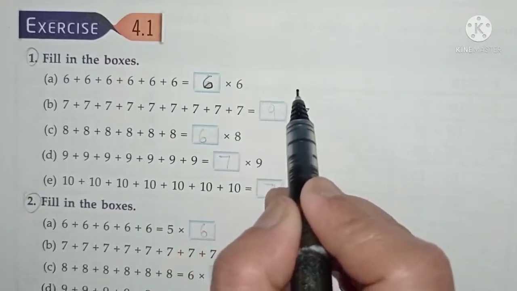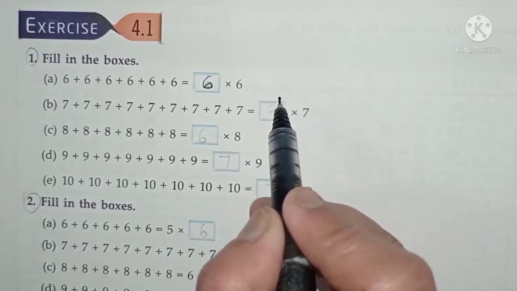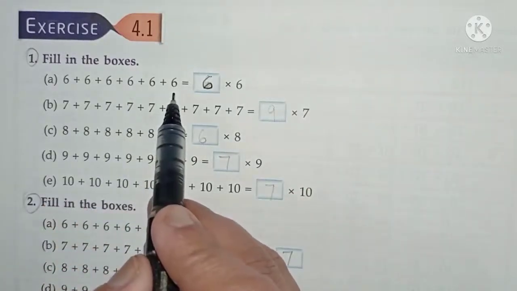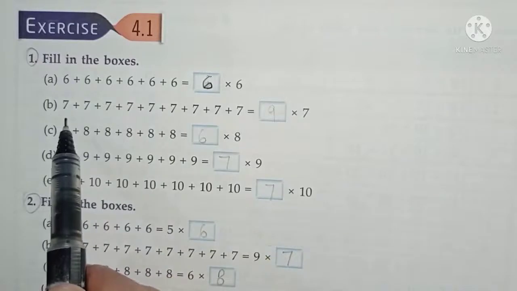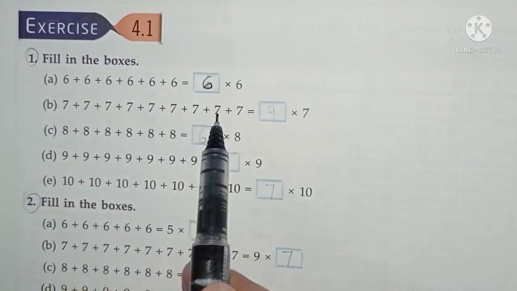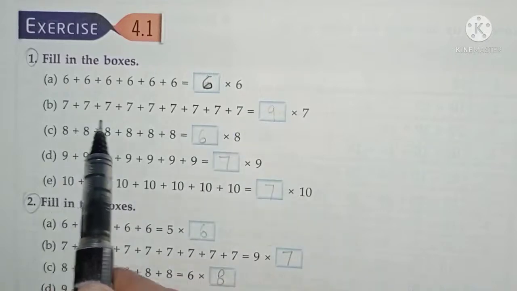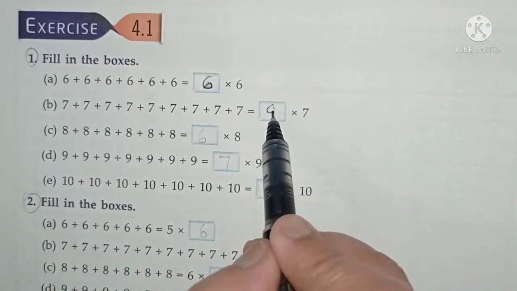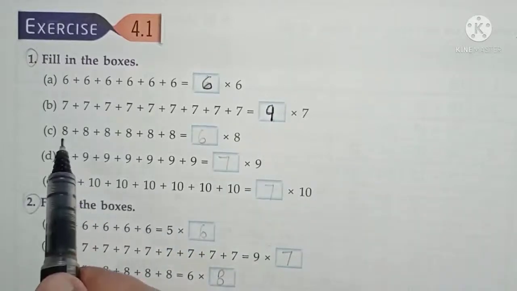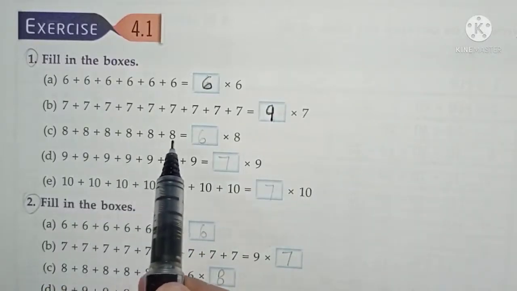We don't have to write here the answer as 36. We need to just write how many times we have multiplied the given number. Similarly, the B part, 1, 2, 3, 4, 5, 6, 7, 8, 9. So it is 9 times 7. 1, 2, 3, 4, 5 and 6.